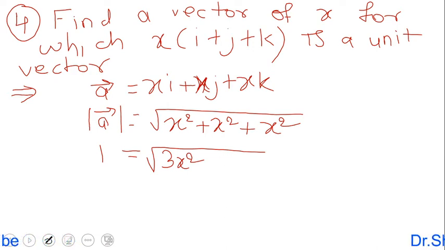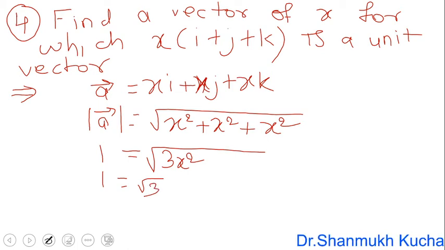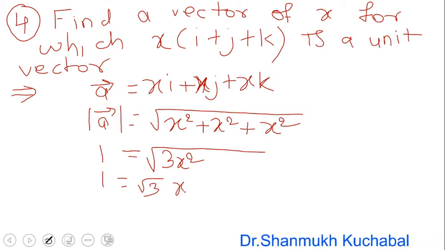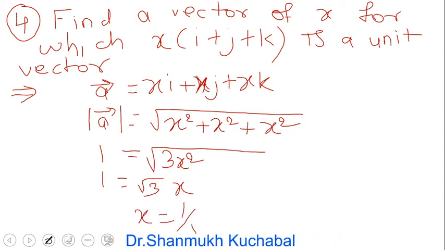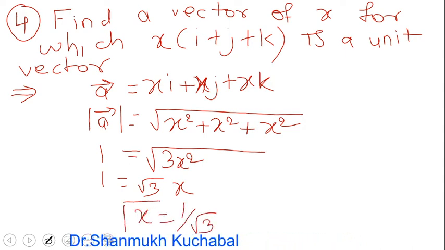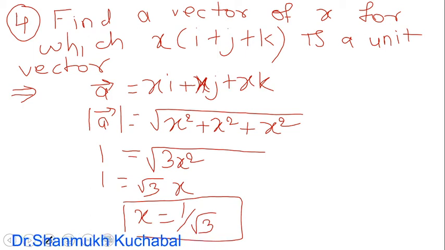Then 1 equals root 3 times x, so from this we get x as 1 divided by root 3. So this is the value of x.